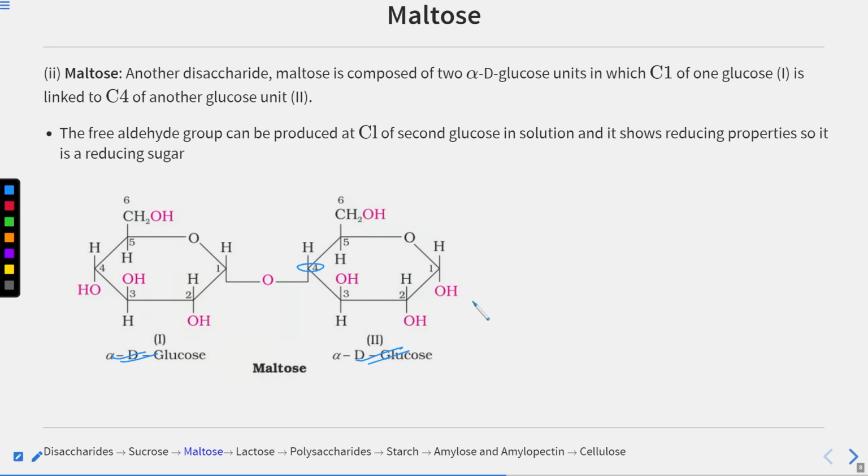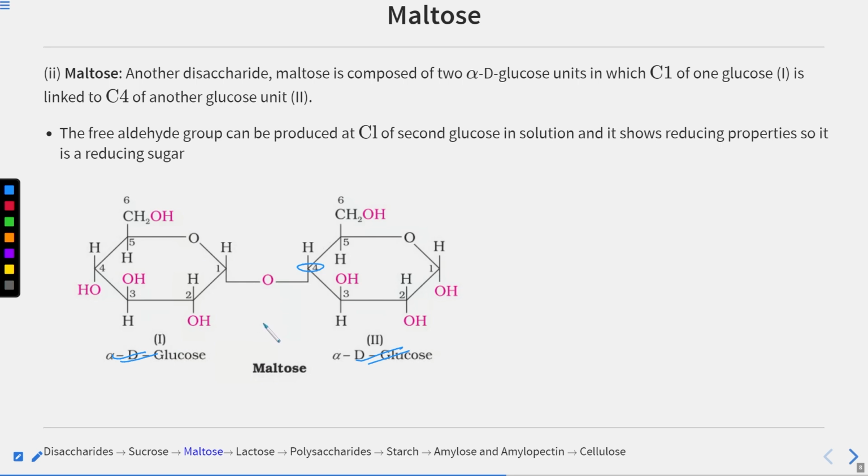Now if you treat our maltose with, say, Fehling's solution test, or Tollens' reagent or Benedict's solution, then you will get your reduced reagents and oxidized maltose. What is the form of oxidized maltose? It will be carboxylate. Got it?